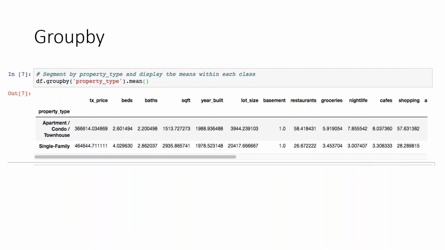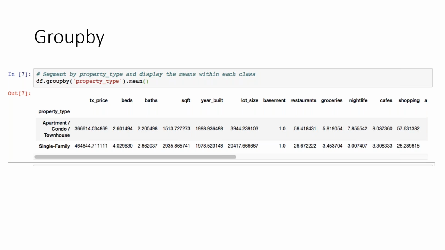So what we are doing here is df.groupby. We talked about this groupby function at the time of pandas. What we pass to that function is the categorical column name through which I want to segment the data, that is property_type. And for the rest of the 23 numeric features, I want to see the mean values segmented by property type.